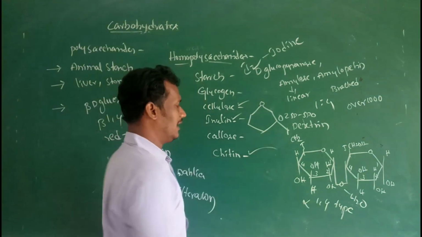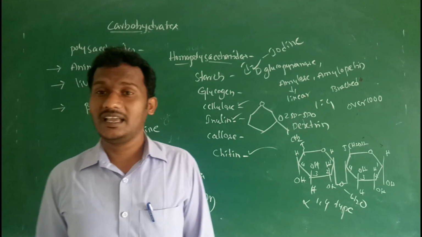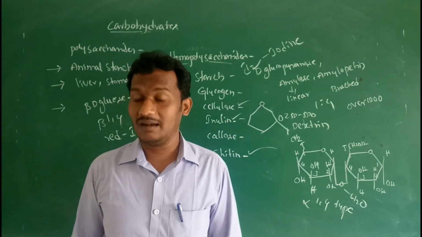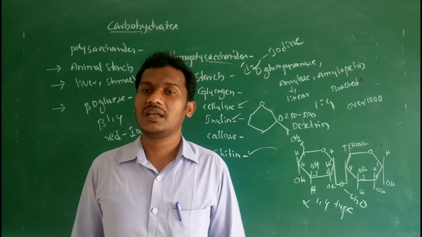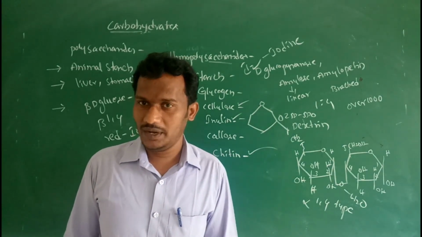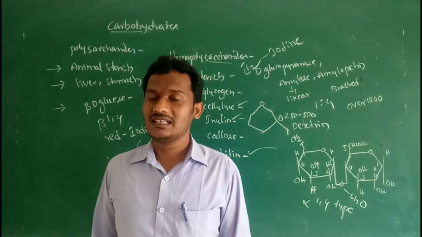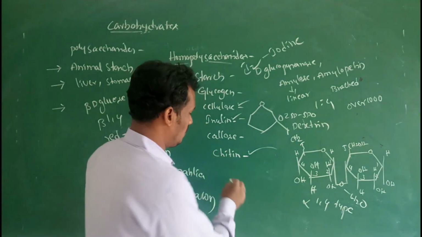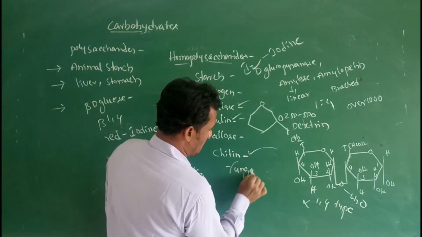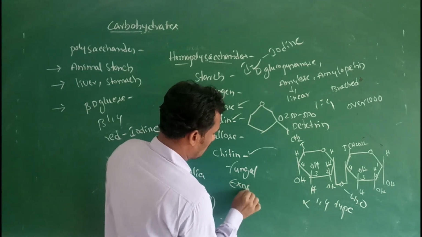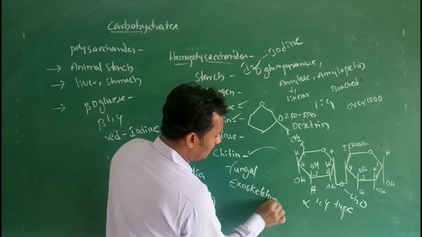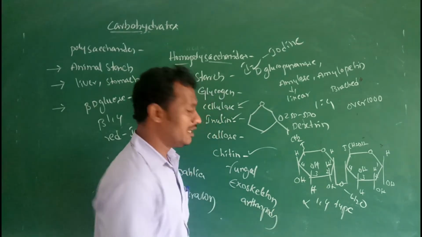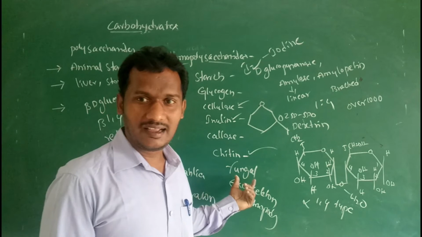Next one, chitin. Generally chitin is a complex polysaccharide, but it contains the same type of units. The fungal cell wall and the exoskeleton of invertebrates, arthropods, are composed of chitin.